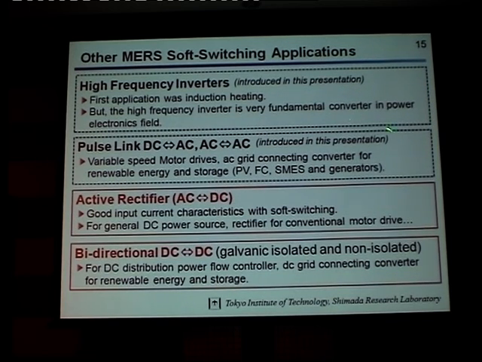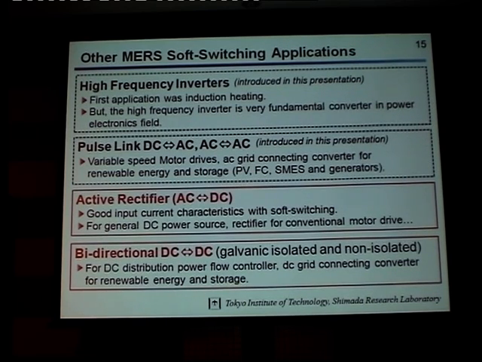Next, I talked about the pulse link concept, from DC battery source or AC utility line to variable frequency motor drives. This can be applied for variable speed motor drives and AC grid connecting converters for renewable energy or storage, for example, photovoltaic, fuel cell, or superconducting magnetic energy storage, and generators like engine generators.